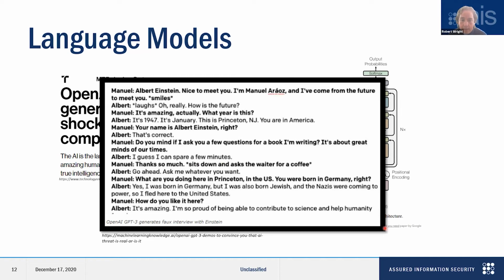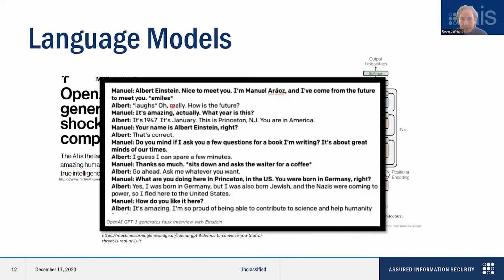So here I have an example of what a researcher was able to do, where they faked an interview with Albert Einstein, where all they did was tell the system, hey, I want you to pretend that you are Albert Einstein, and they ran an interview where Manuel is the interviewee and Albert is played by GPT-3.